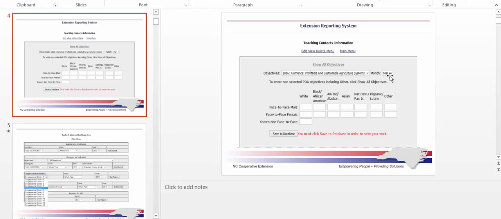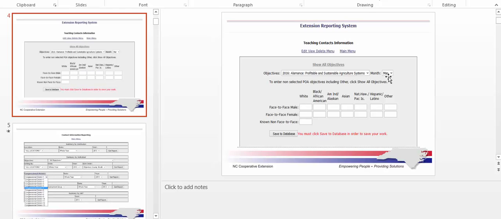You have the month that you're reporting for. Note that the month defaults to the present month. So if you're reporting in August, it's going to default to August, but if you want to report July, then you click on that and move that down to July and report that.